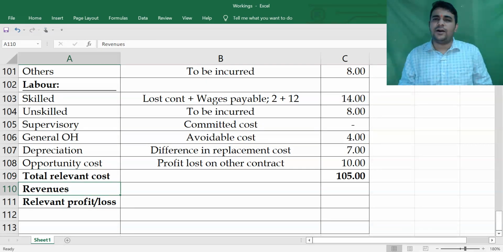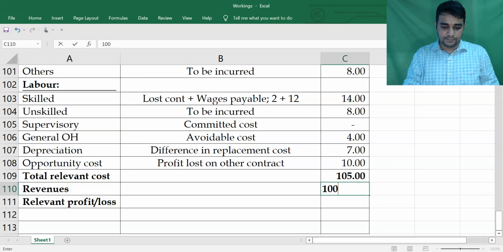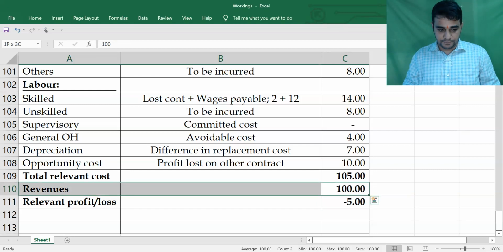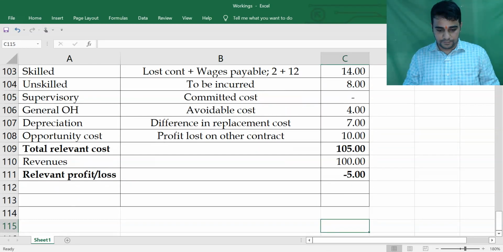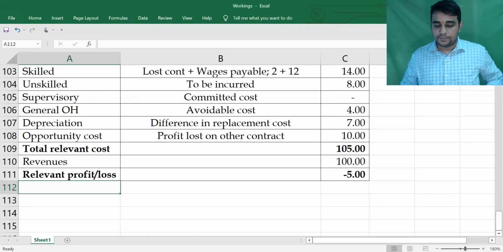The earlier question did not ask for a profit or loss to be worked out. In this question we have to decide whether to take up the contract or not. Clear?